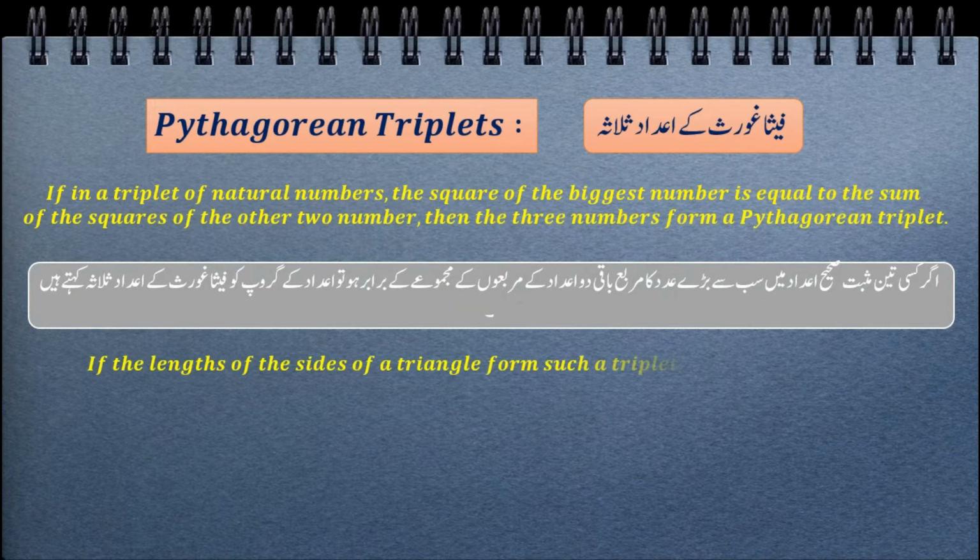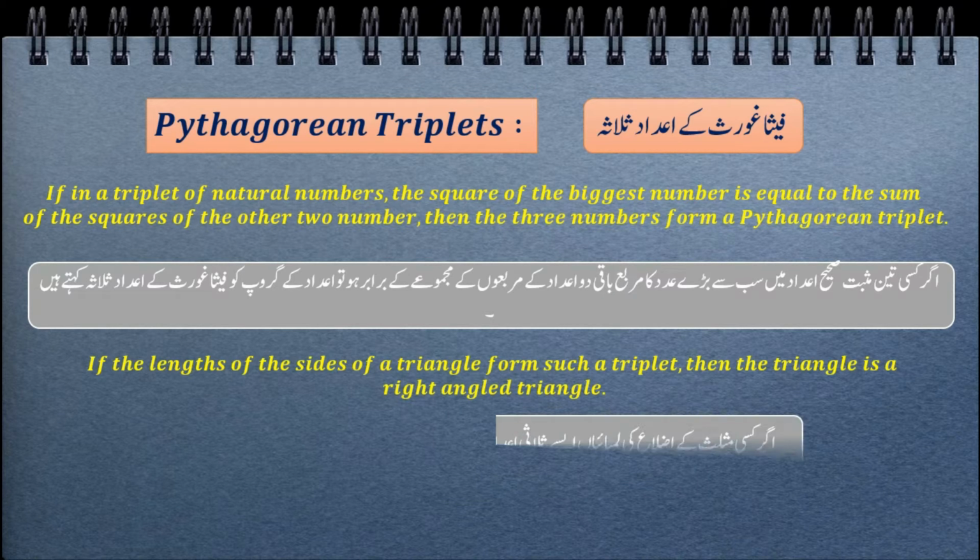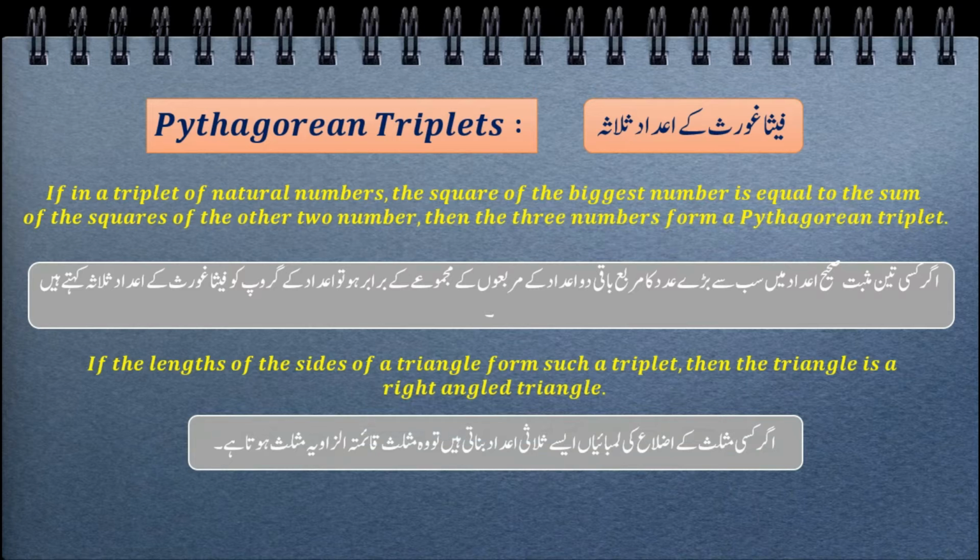So if the lengths of the sides of a triangle form such a triplet, then the triangle is a right angled triangle.